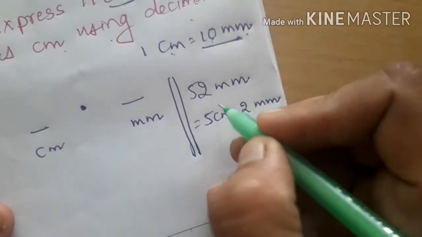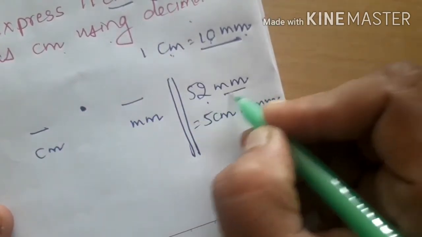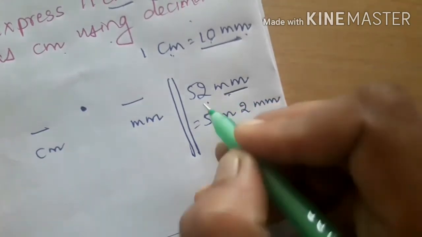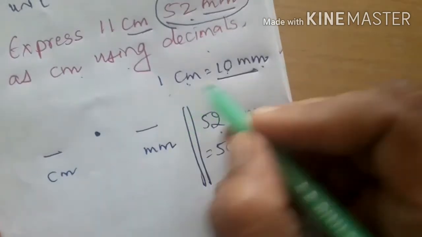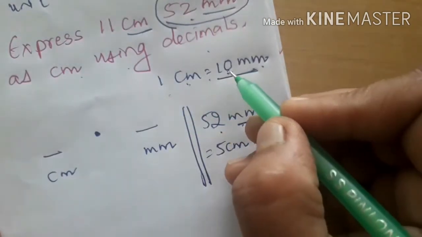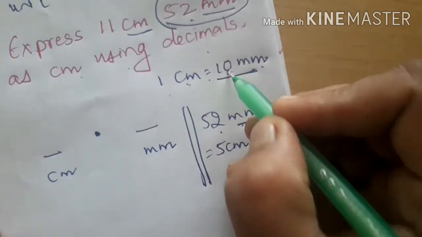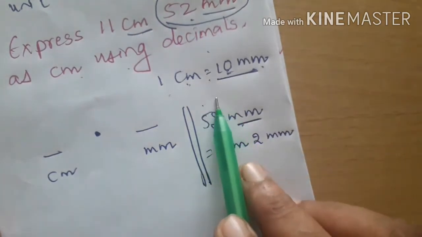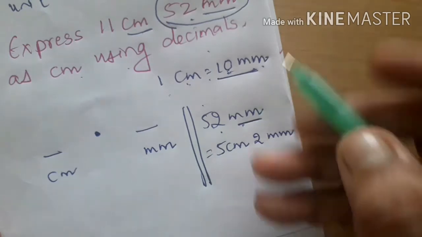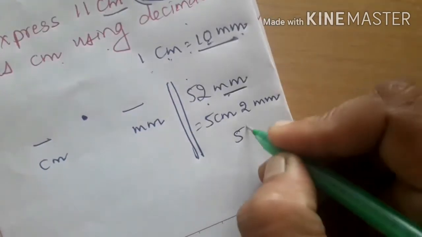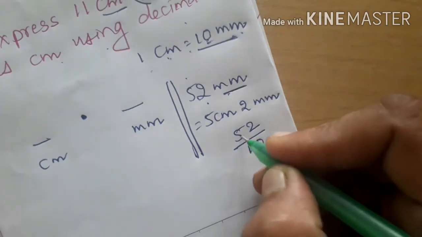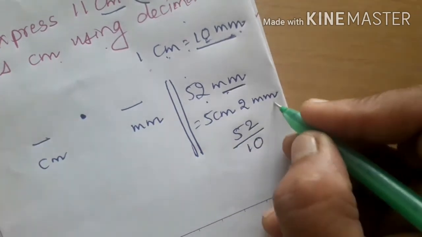Because 1 centimeter is 10 millimeter. So the last digit, that is 2, is for millimeter and 5 is for centimeter. Or otherwise you may think of it as 52 divided by 10. So this comes to 5 centimeter and 2 millimeters.